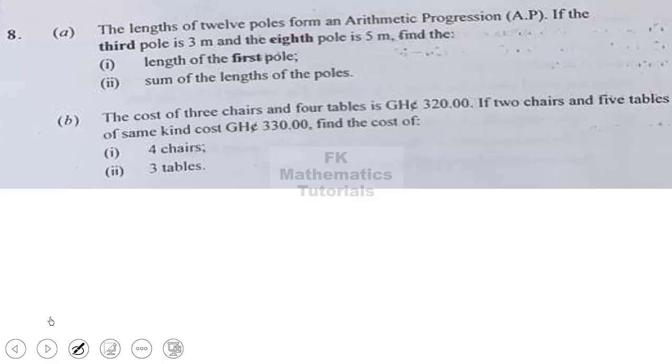So arithmetic progressions are given by the sequence A, A plus D, A plus 2D, and so on up to the 12th, which is A plus 11D.